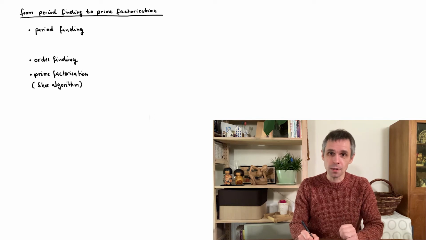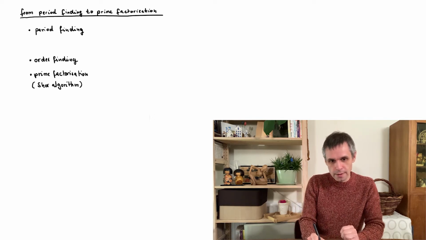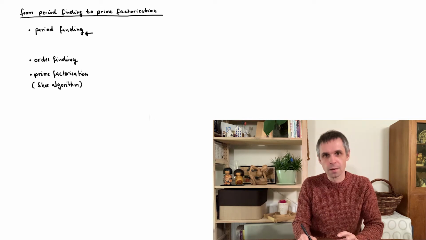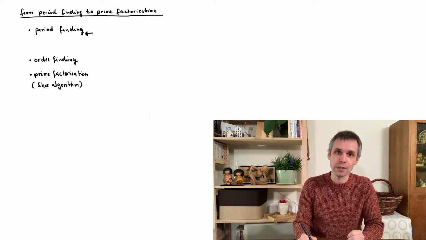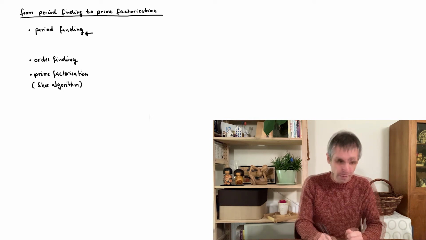But they appear also in the most general setting, and indeed already towards the end of our discussion of period finding. When we want to understand how period finding really works, we actually need continued fractions. But this is already the most complicated thing that we will need from there.